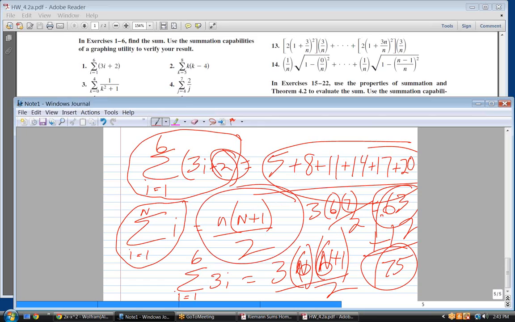Incidentally, terminology: a sequence is just a bunch of numbers separated by commas. A series is a bunch of numbers that are added together. So when we're talking about adding stuff, which is what this sigma means, we're talking about a series, always.